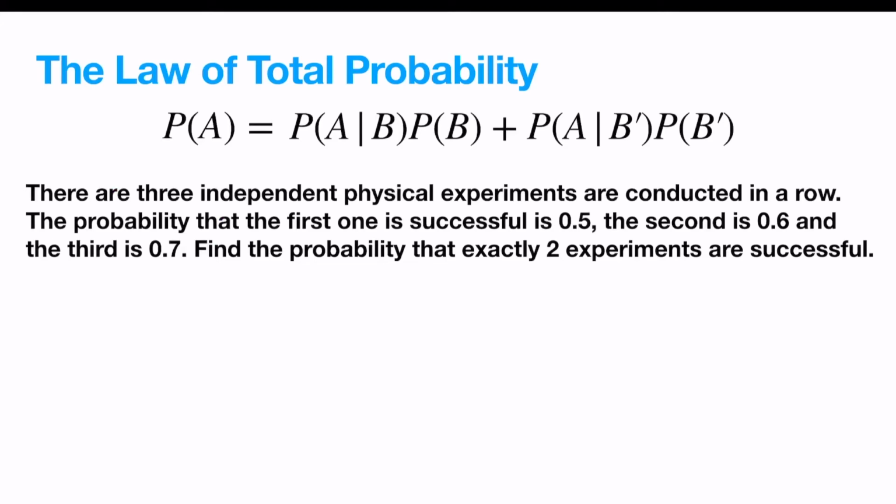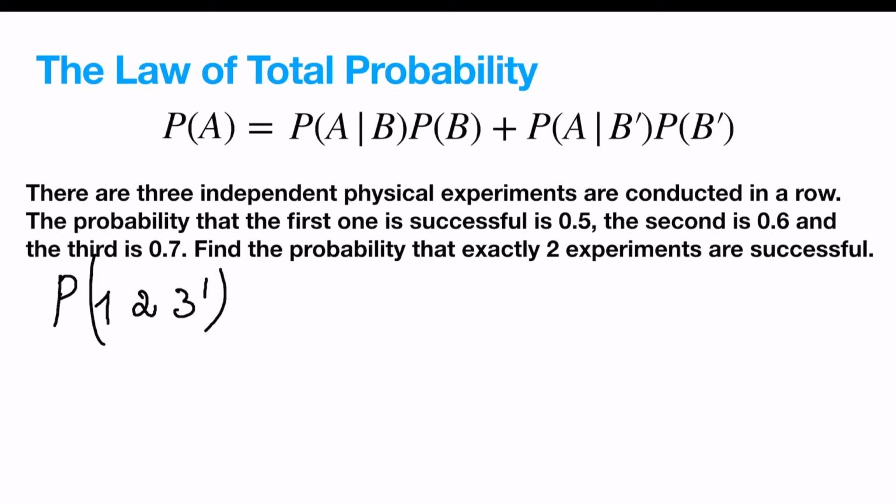In order to evaluate this, you need to consider all of the possible scenarios. It is possible that you're going to have 2 successful experiments if the first one is successful, the second one is successful, and the third one is unsuccessful. So you need to evaluate the probability of the 3 experiments happening exactly in this order. You don't want the first one to be successful or not, or the second one to be successful or not.